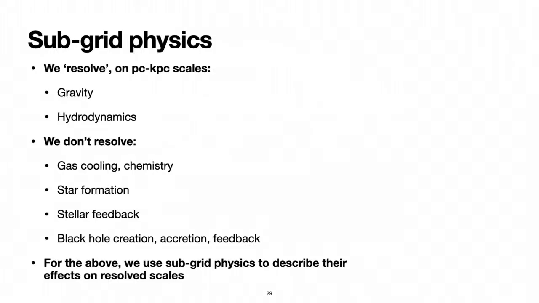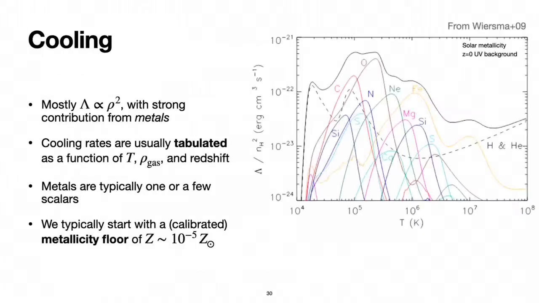Individual stellar particles are 10 to the 4, 10 to the 7 solar masses. So these are stellar populations that you're forming. You don't resolve stellar feedback. You don't resolve the accretion and feedback from black holes. So you use subgrid recipes to kind of mimic these effects in your simulations.